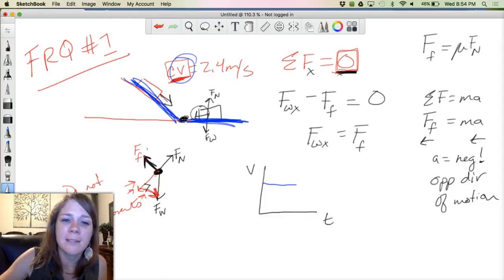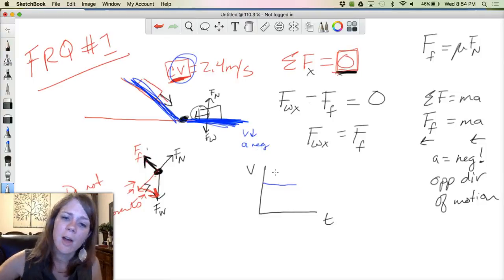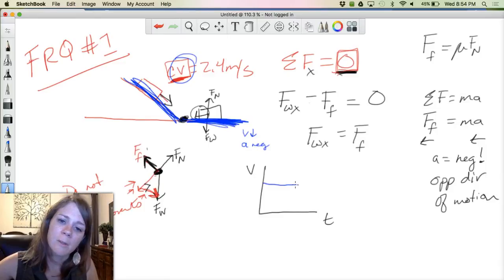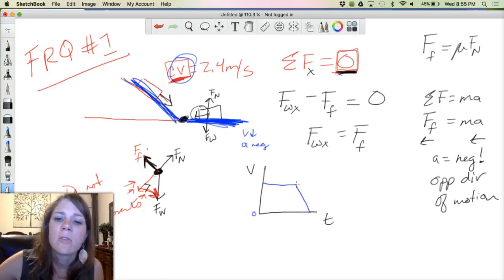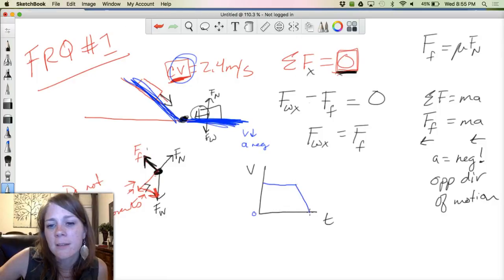And then when it hits the ground, we said that the velocity starts to decrease because the acceleration is negative. So if the velocity begins to decrease, what's going to happen here? That graph's going to go all the way down here. Remember, this is 0. The velocity is going to decrease until that sled stops and reaches a velocity of 0.